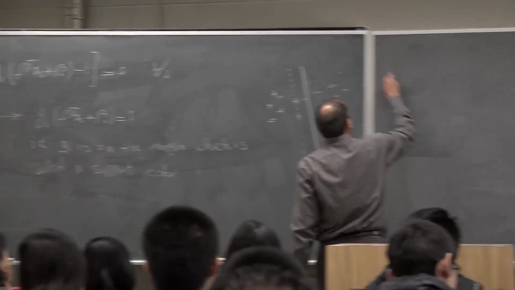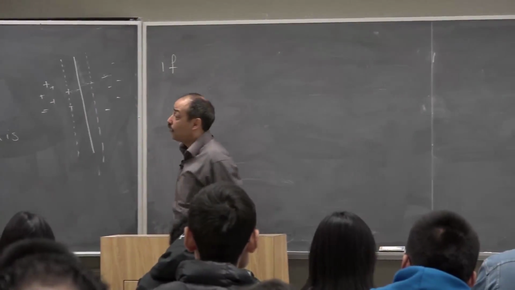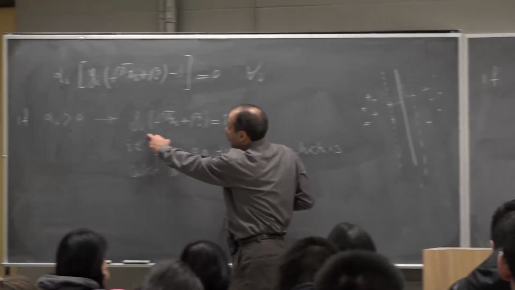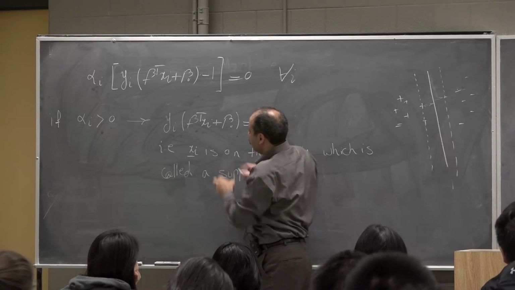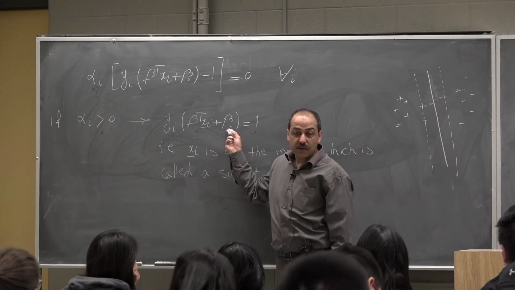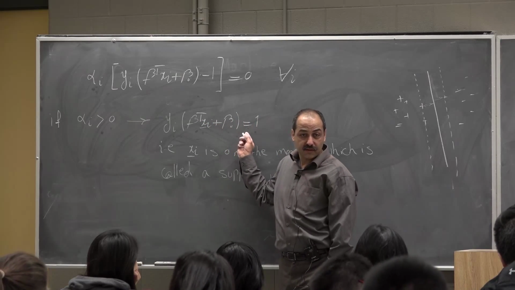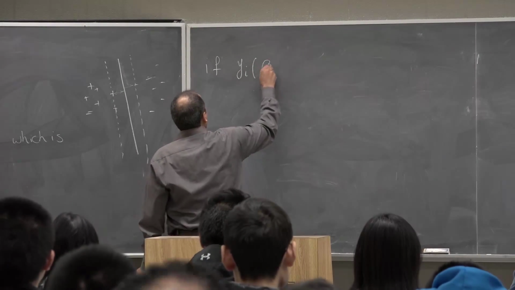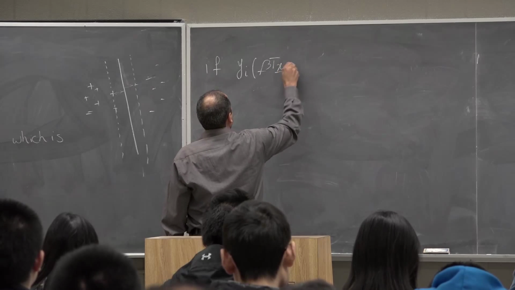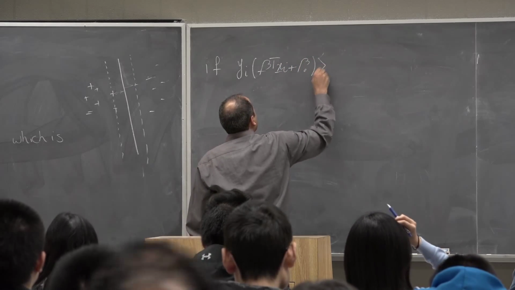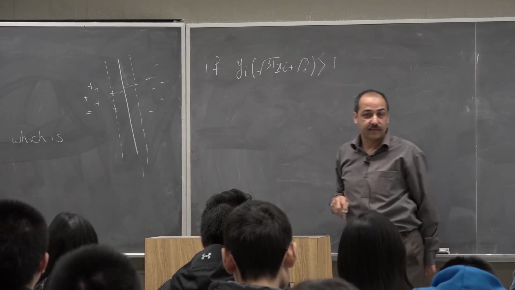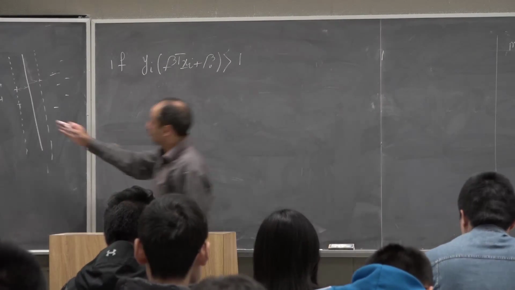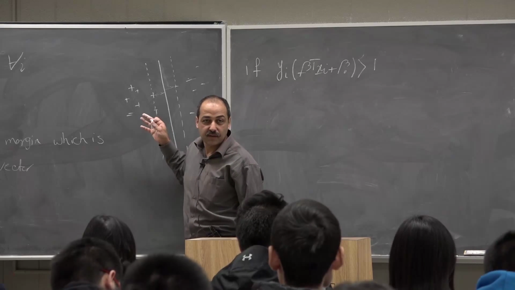Now consider the case that I have a point that's not on the margin. For any point, yi beta transpose xi plus beta null is either 1 or greater than 1, right? So if yi beta transpose xi plus beta null is greater than 1, it means the point is not on the margin, the point is further from the margin.